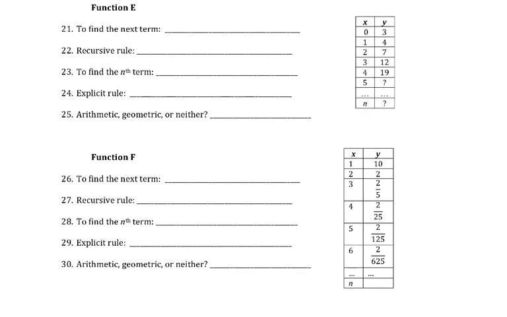Okay, so function E, 3 to 4 to 7, so we're adding 1, then adding 3, then adding 5, then adding 7. So this is neither arithmetic nor geometric, because we're not adding the same number and we're not multiplying.